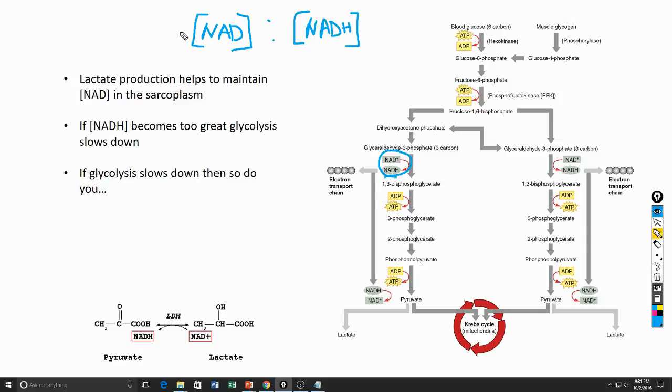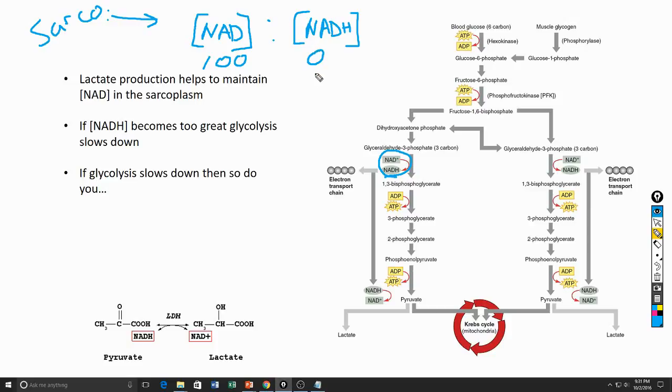And this is in the sarcoplasm. Within the sarcoplasm we have a certain amount of NAD. It's a cell and it's kind of hard to think about, but basically what you have is a test tube, if you will, and it's got a certain amount of molecules of NAD. Let's just make the math easy on us. So we got 100 of them, and we got 0 of these.